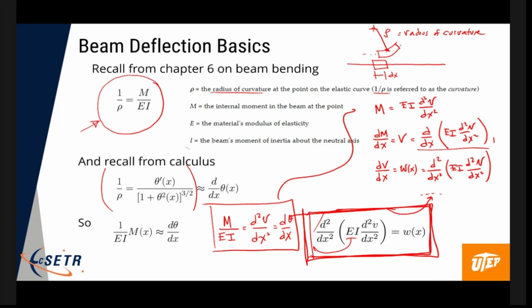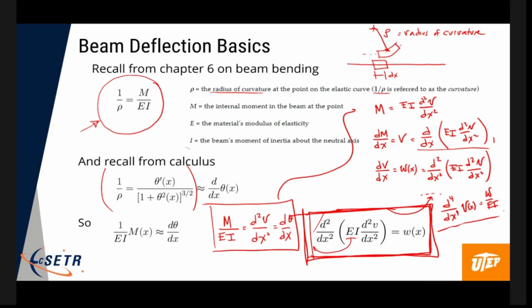For example, let's assume EI is constant. I get the fourth derivative with respect to x of v of x equals the distributed load over EI. So I could just integrate this 4 times and solve for the deflection curve.